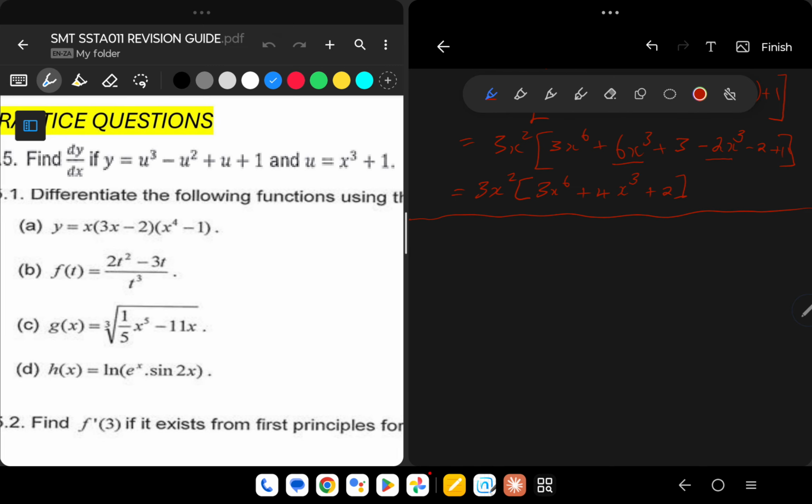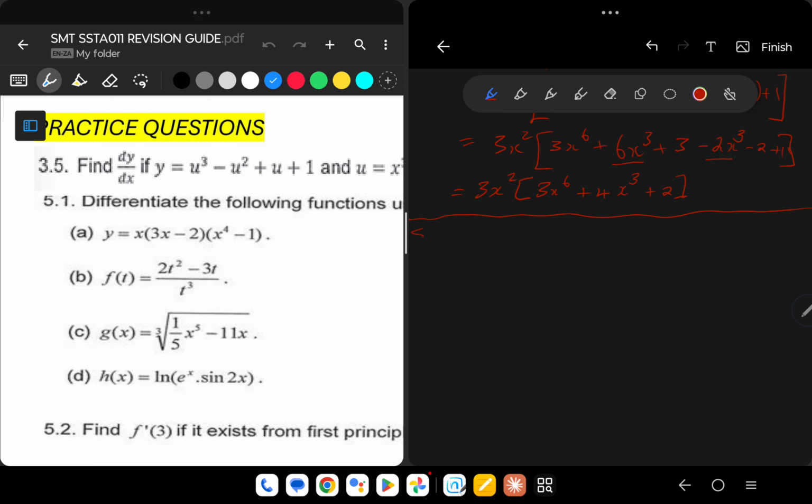So let's look at 5.1a. It says we find the derivative if you have y equals x into 3x minus 2 into x to the power 4 minus 1, right?